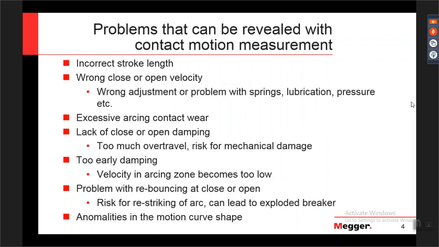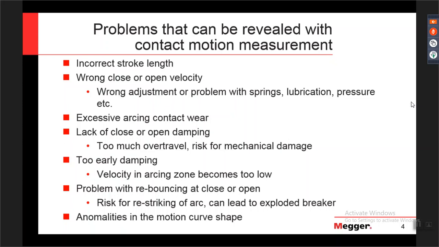Since you're measuring stroke, you can see incorrect stroke. You can see if the close or open velocity differs from your reference values or from the specified values from the manufacturer. And that could be due to wrong adjustment or other problems like springs, lubrication, pressure, etc.